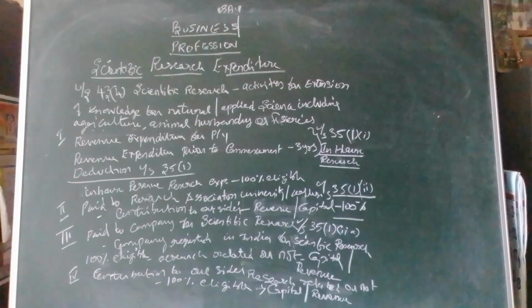So we should know very clearly: first, what I said is in-house research, then another is contributions made to any research association, university or college under section 35.1.2, which is eligible for 100% deduction. Previously we had a separate condition; please don't confuse that previous condition with this. Now it is only 100% eligible.